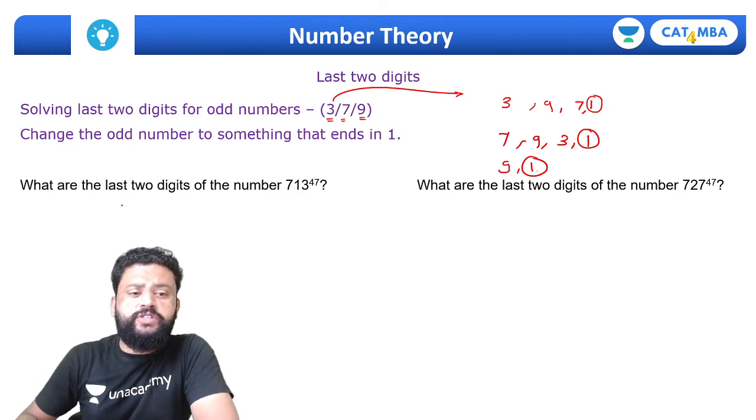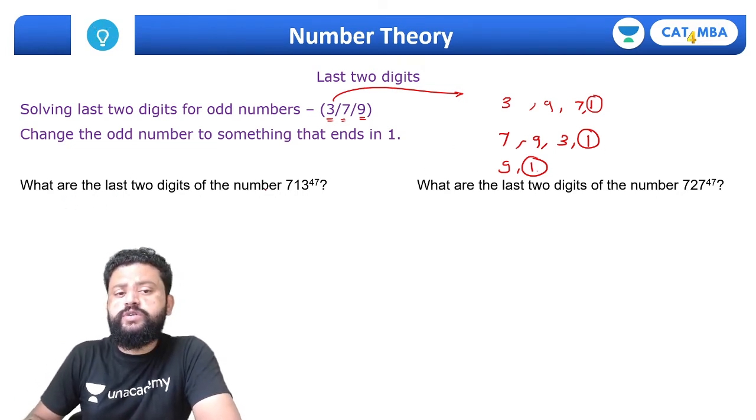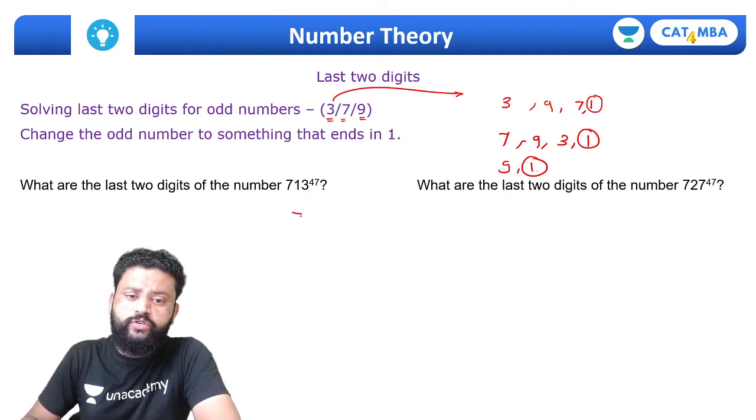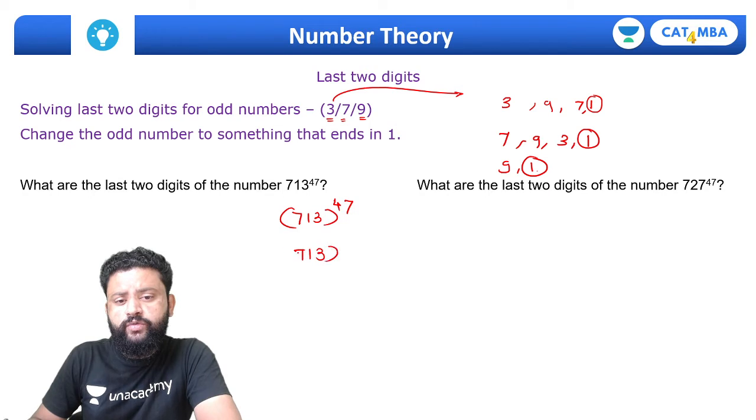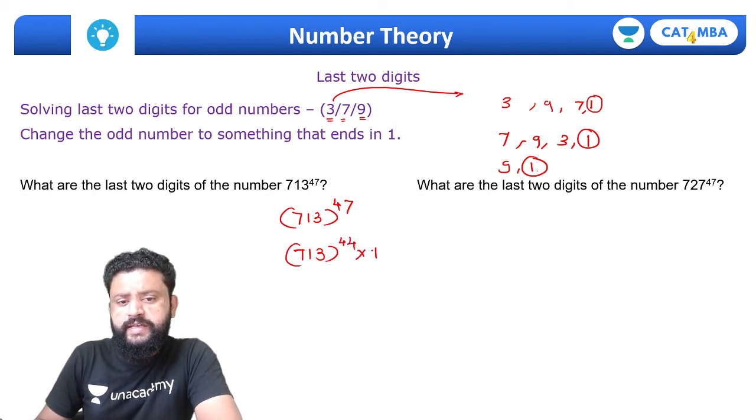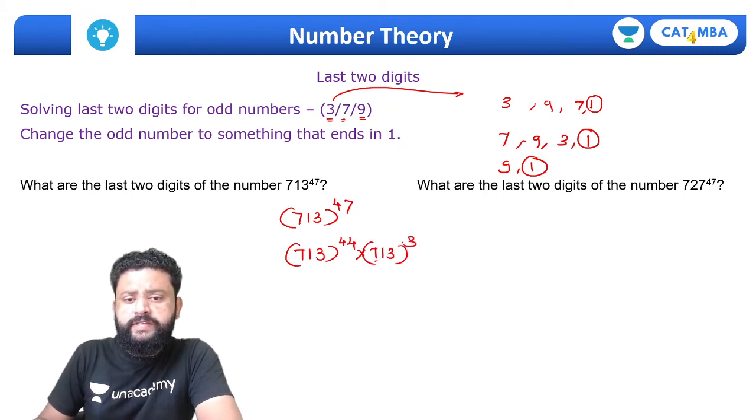जैसे अगर मुझे ये क्वेश्चन सॉल्व करना है, what are the last 2 digits of a number 713 to the power 47. So what I can do here is 713 to the power 47, that simply means 713 to the power 44 into 713 to the power 3.